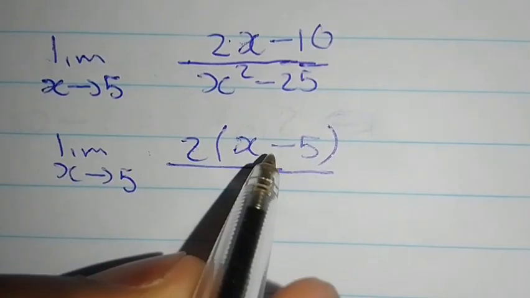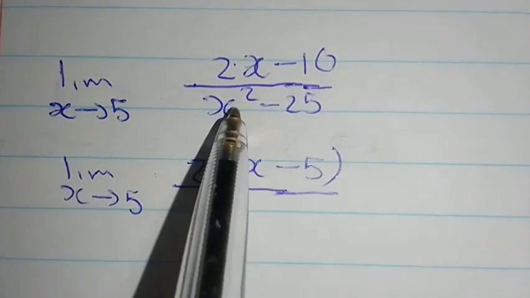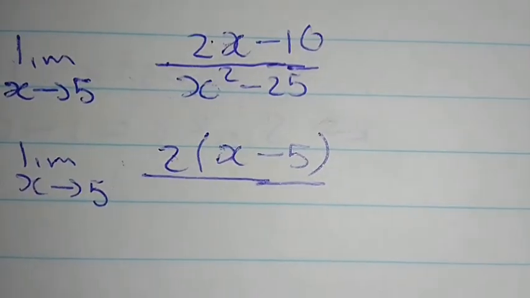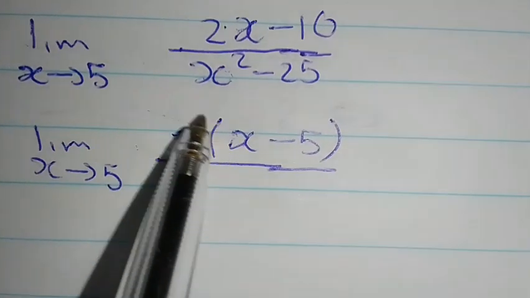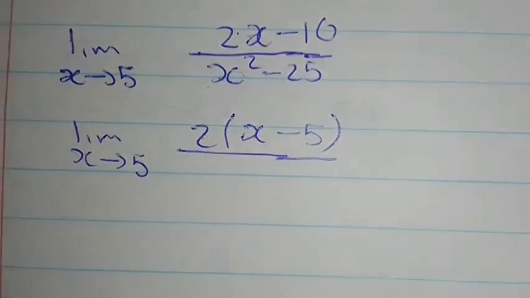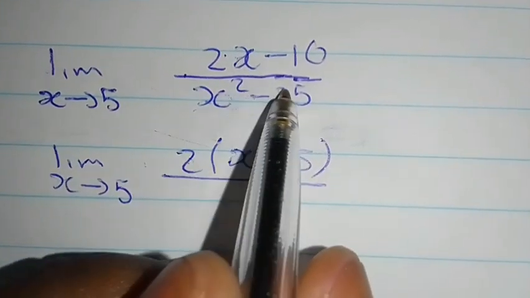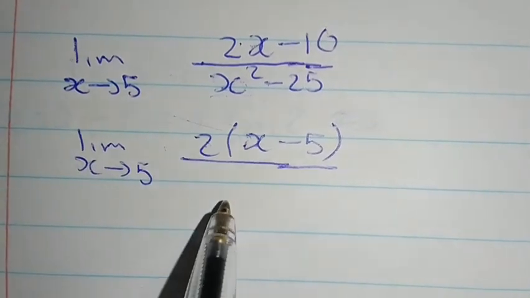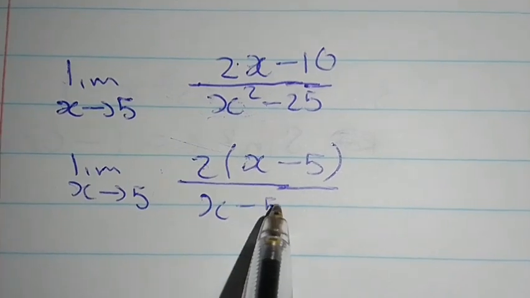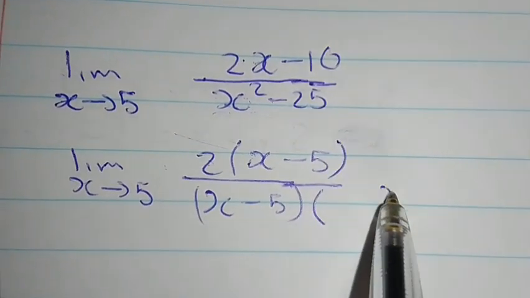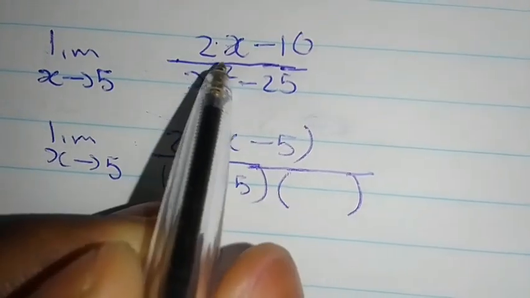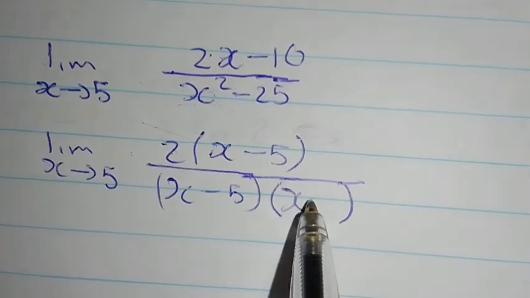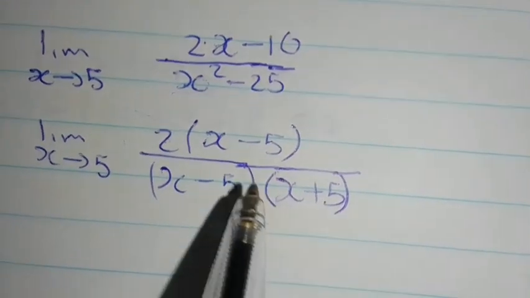But since x squared minus 25 is a quadratic expression, I can find the factors of this. I already know that it goes to 0 at 5, so x minus 5 is already a factor of that. Then I try to find the other factor, but you see that this is a difference between two squares, so the factors will be x minus 5 and x plus 5.